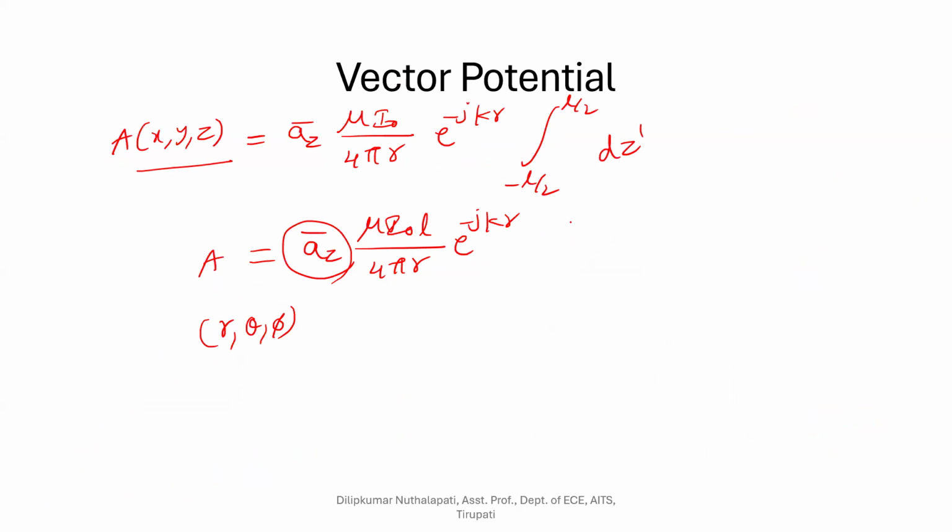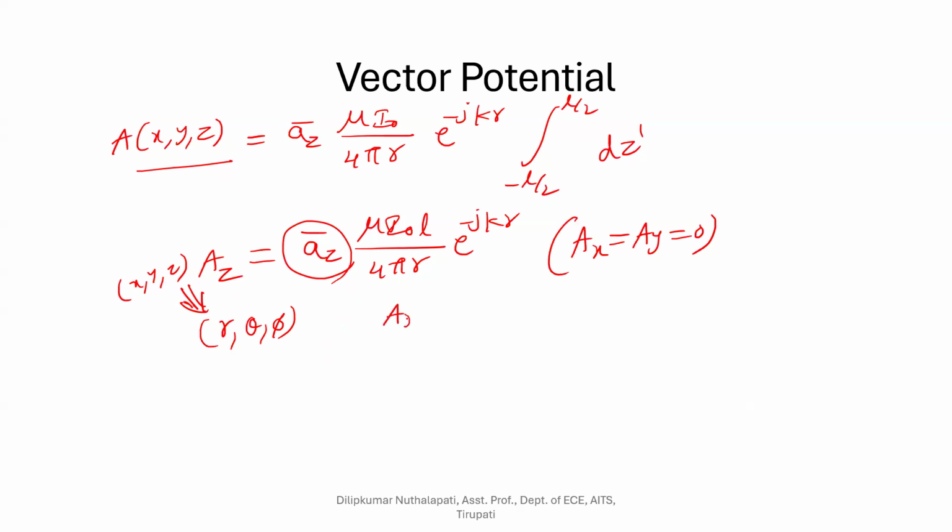With this representation, we can conclude that the Ax and Ay terms will be 0, and only the component of the vector potential Az will exist. Let us transform the vector potential x, y, z into the r, theta, phi spherical representation.